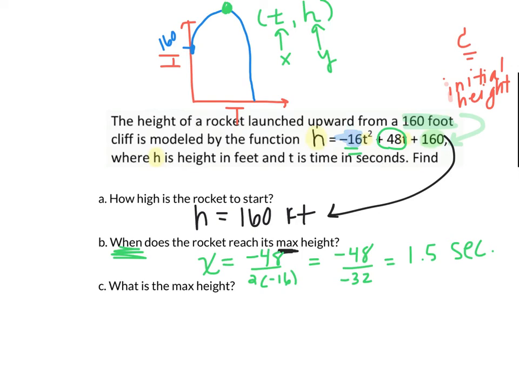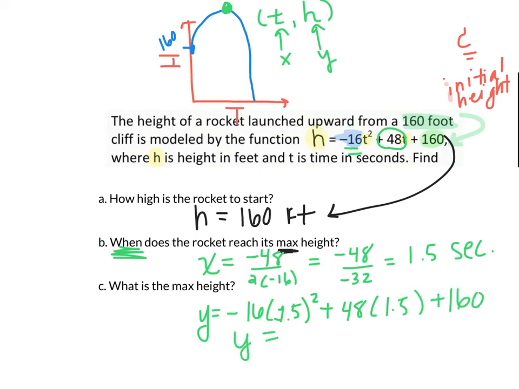Then to find the maximum height, so what is that actual height? That means we want to find the y coordinate, which we find by plugging in the x coordinate for t. So negative 16 times 1.5 squared plus 48 times 1.5 plus 160.